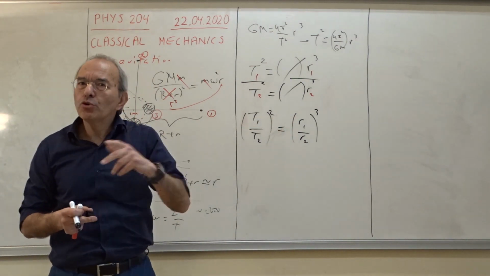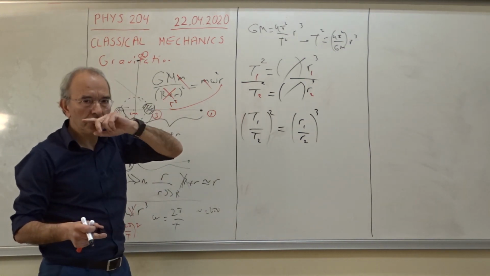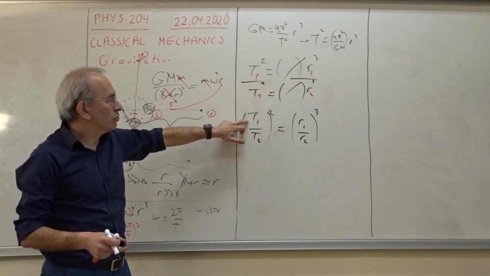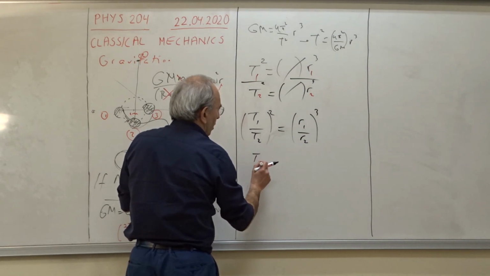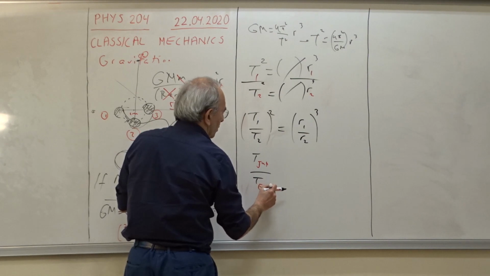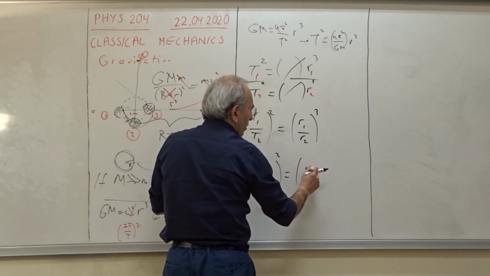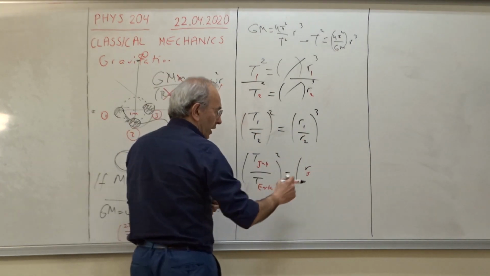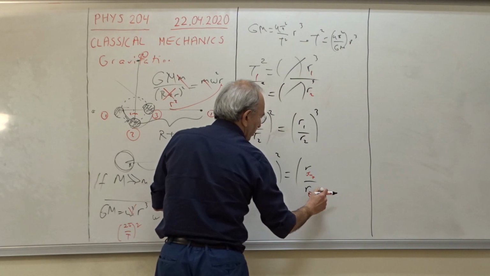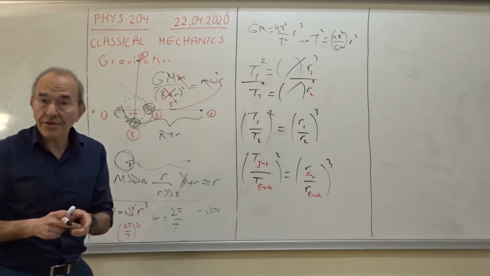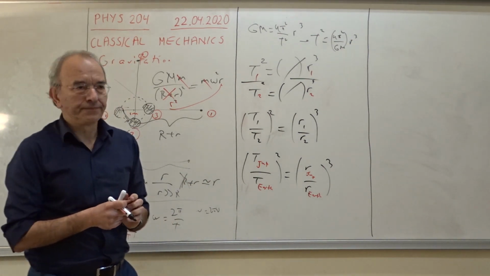If you compare any two planets, Jupiter and the Earth for instance, the period T Jupiter by T Earth, squared, can be written as the radius vector of Jupiter divided by the radius of Earth, cubed, or for any other pair of planets. So this is the other law.